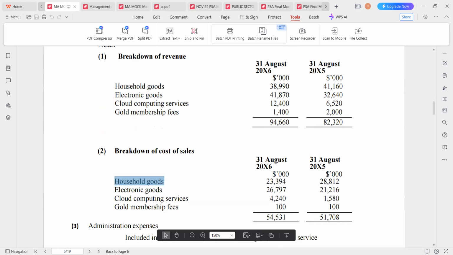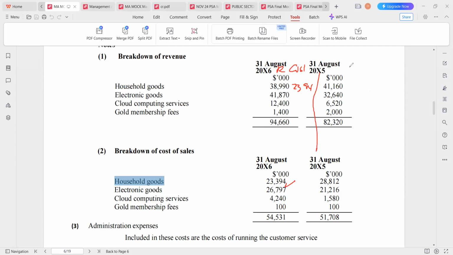So create an additional table and columns. You bring household, that's the revenue, come and copy the cost of sales, this figure comes here, 2394.